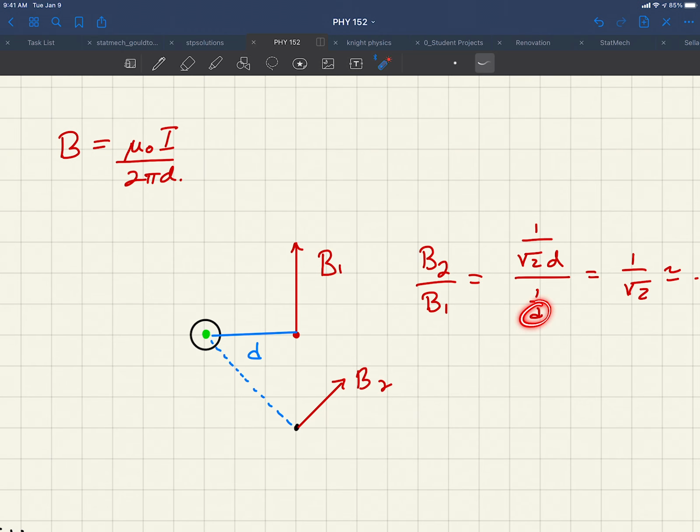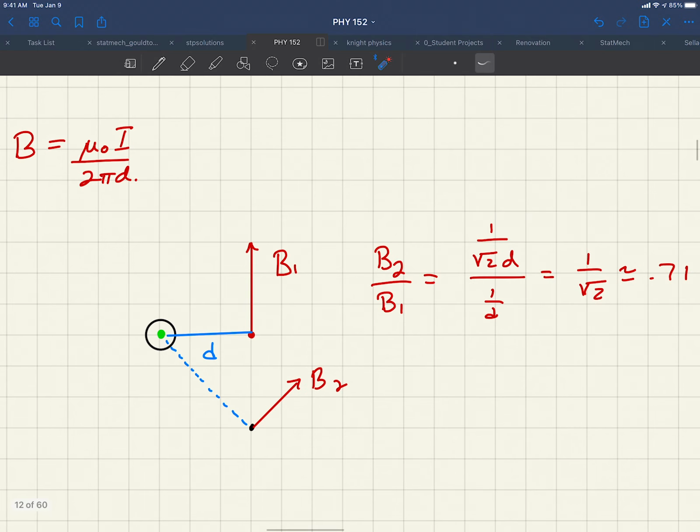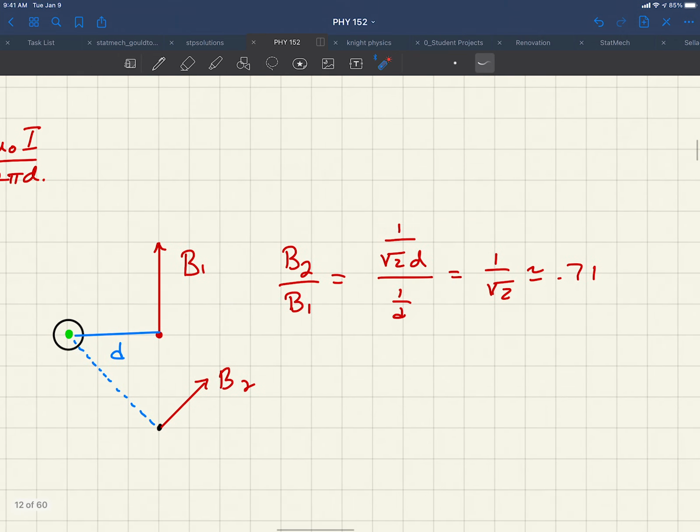Now I didn't really need the d here since that's the same for each of them, but I put it in just so you could see what's going on. B2 is not d away. B2 is square root of d away. So that means the distance that we're dividing for is 1 by root 2. And the distance here is just 1 by d. And so that ratio gives us 1 over square root of 2, which you may or may not remember from your high school trigonometry courses as 0.71, or 71%, is how we're going to think about it.